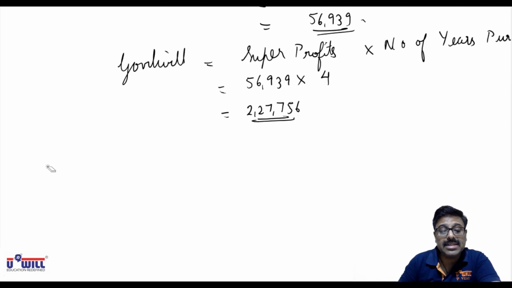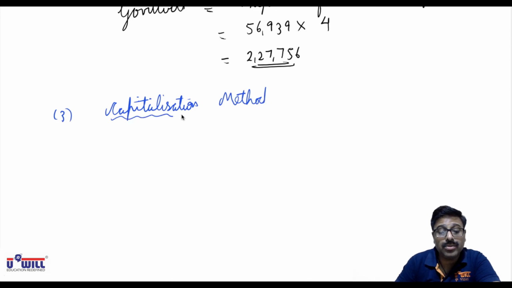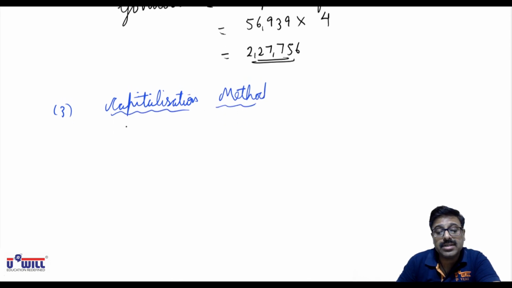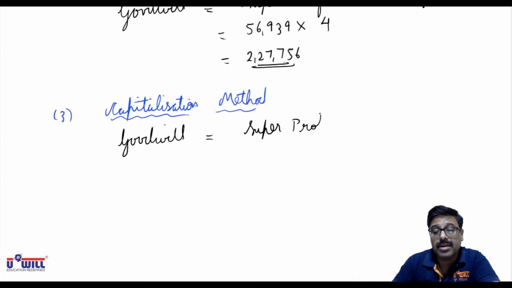Now the third method, the capitalization of profits method. Directly we have to apply the formula because capital employed is already obtained. By the capitalization method, the value of goodwill is equal to super profits divided by normal rate of return into 100.